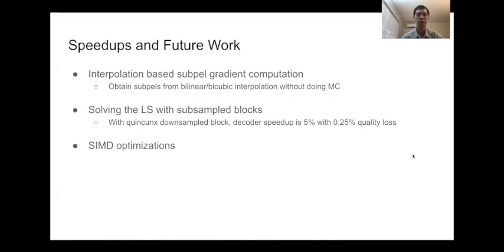Also, we can solve the least square with fewer samples. For example, a quarter constant sample block, which gives about 5% speed up in decoder side with 0.25% quality loss. And finally, we can optimize the code with SIMD.